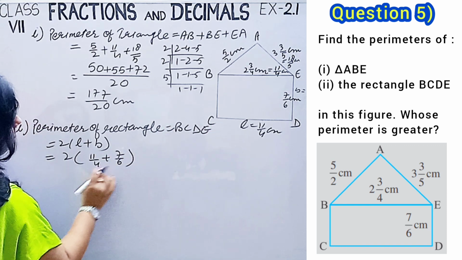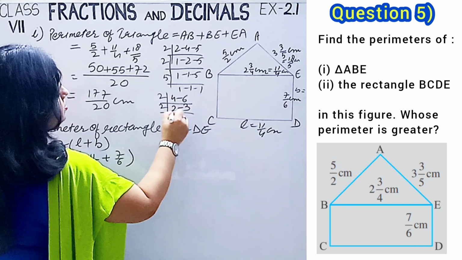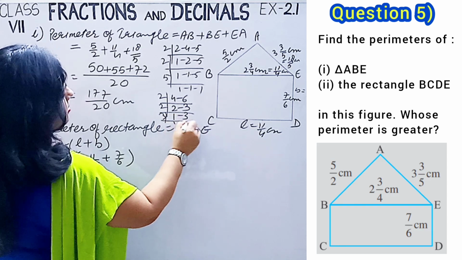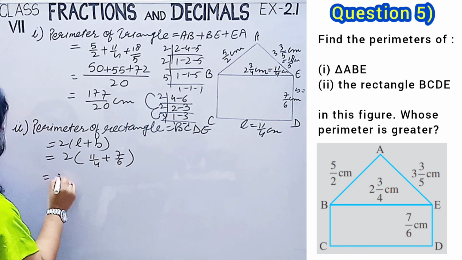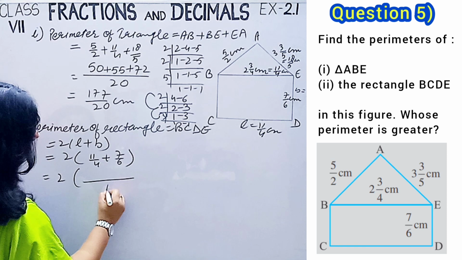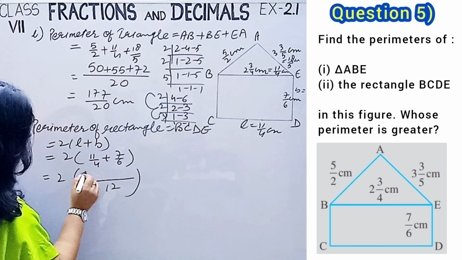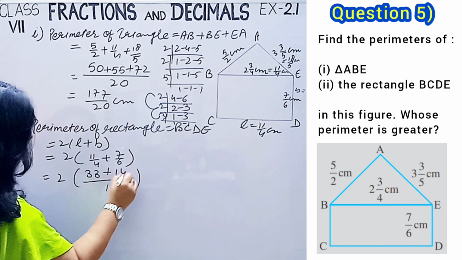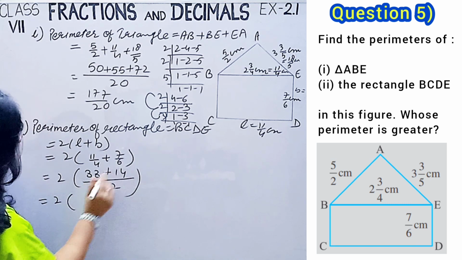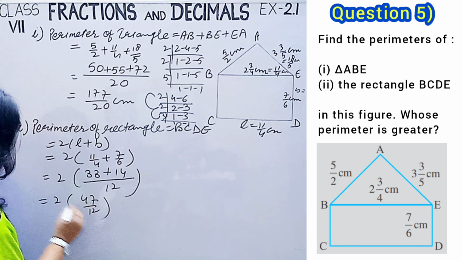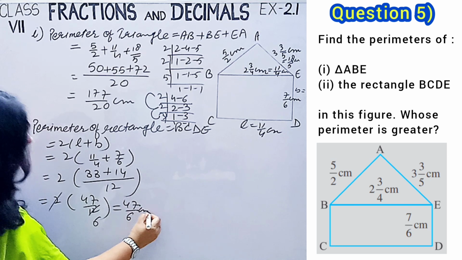Taking the LCM of 4 and 6, it is 12. Divide 12 by 4, we get 3, 3 11s are 33. So 33 plus 14. After adding these two numbers, we get 47 upon 12. Then 2 6s are 12. Answer is 47 upon 6 centimeter.